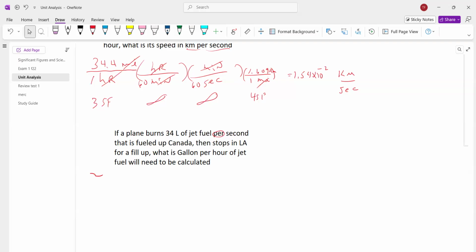And really, they use the SI system, which is metric built into that. So physicists and geologists use metric. See, even geologists have an issue, because they'll talk about miles. Okay, so 34 liters per second.